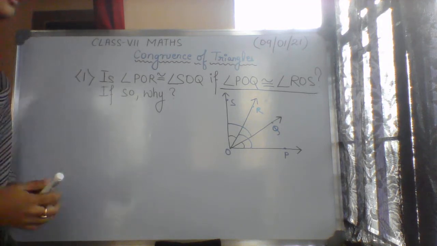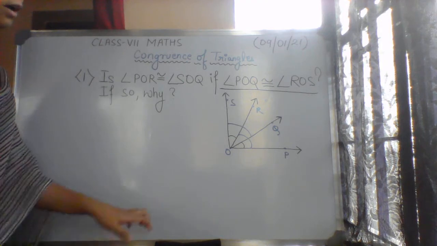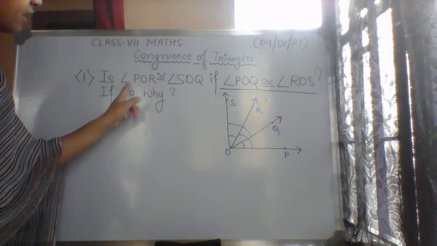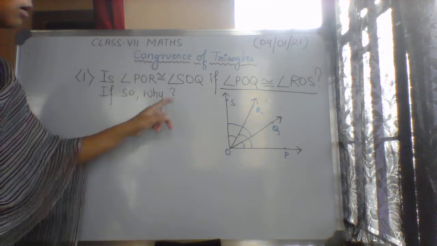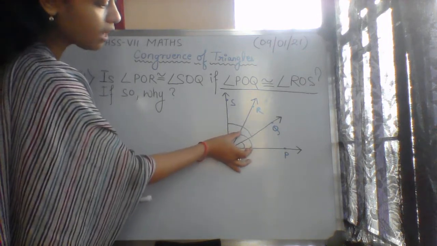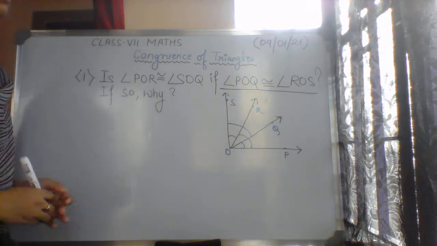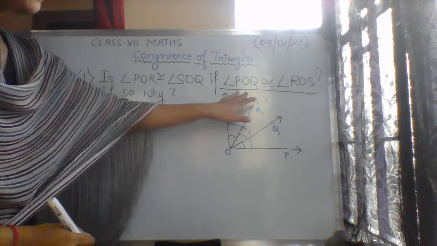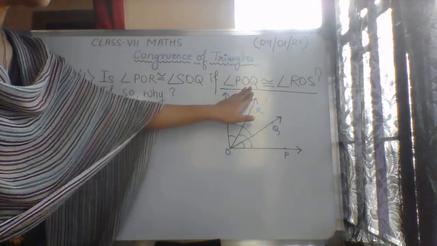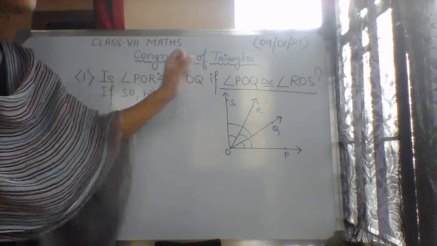Now think about how to approach this type of question. How can we get angle POR? How can we get this angle from angle POQ? Because POQ is given in the question, we will try to get POR from the given part.